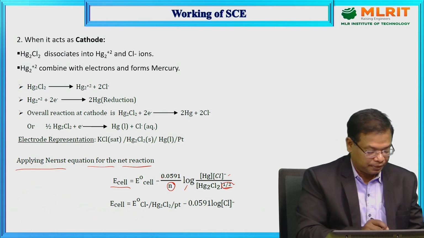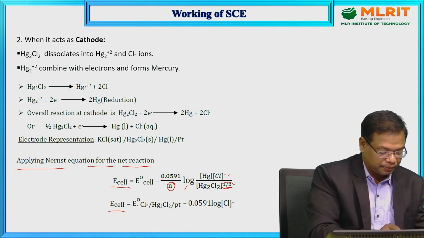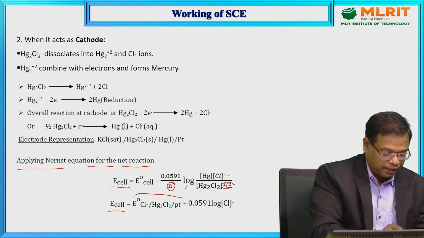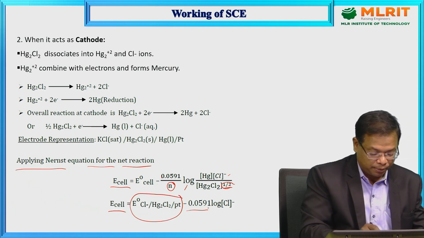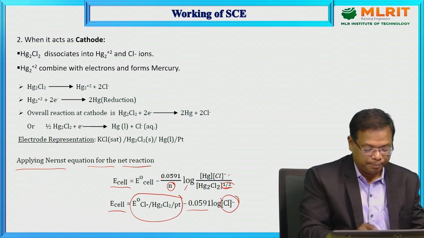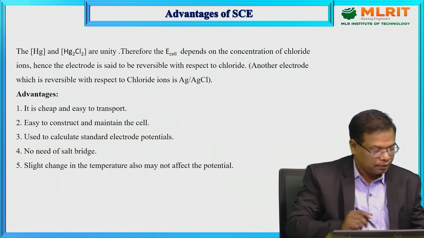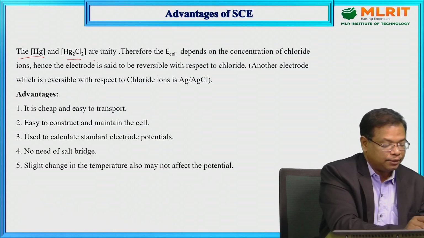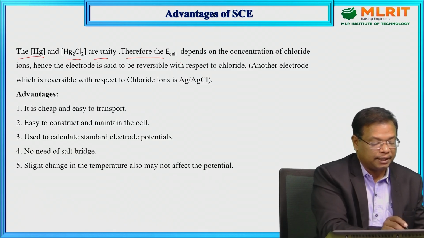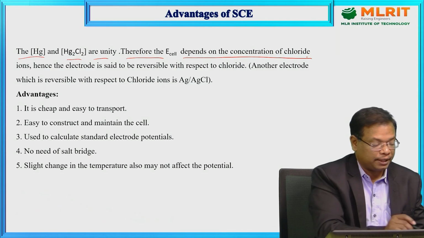E cell equals E0 cell minus 0.0591 log Cl- ion concentration. The concentrations of Hg and Hg2Cl2 are unity, therefore the E cell depends on the concentration of the chloride ions.